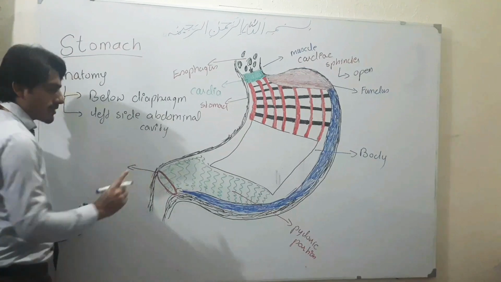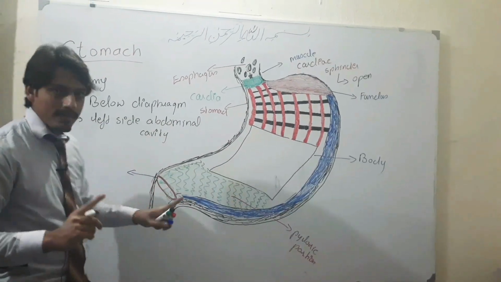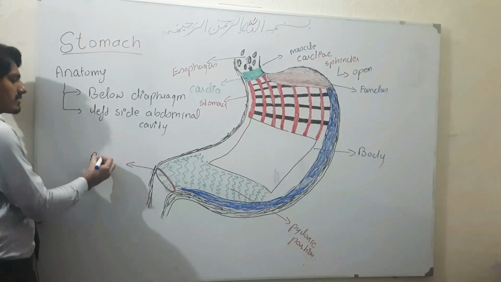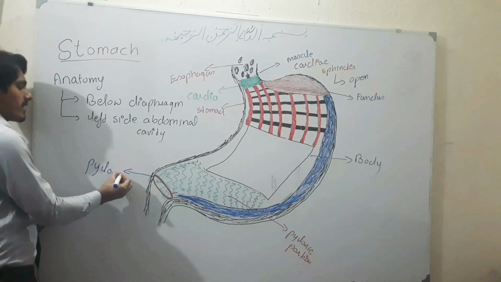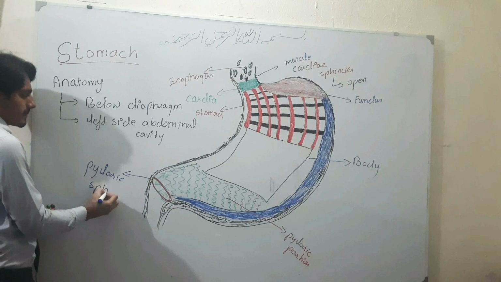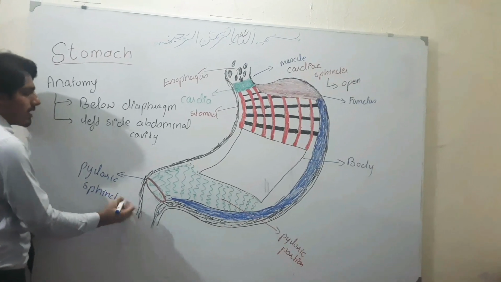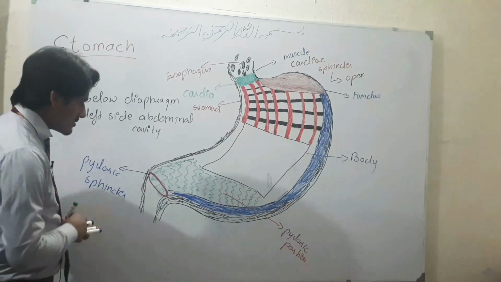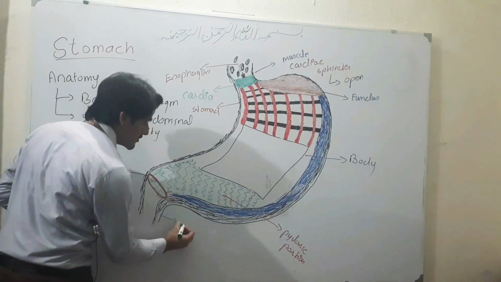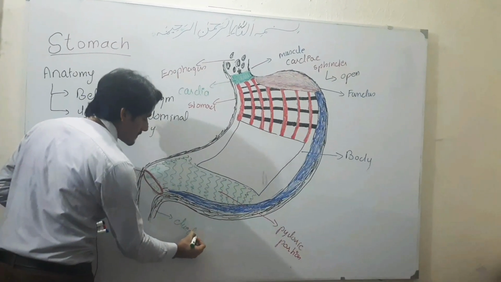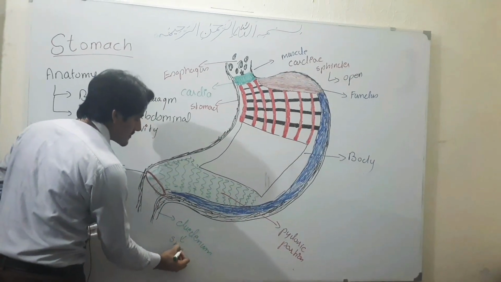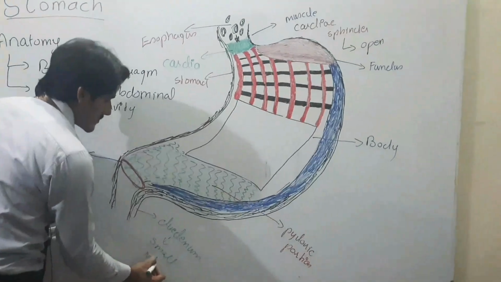It is present at the side of the pyloric region, so this sphincter is also called the pyloric sphincter. After that sphincter, the next portion that starts is the duodenum. The duodenum is part of the small intestine.